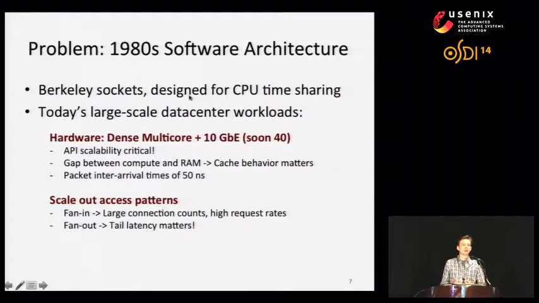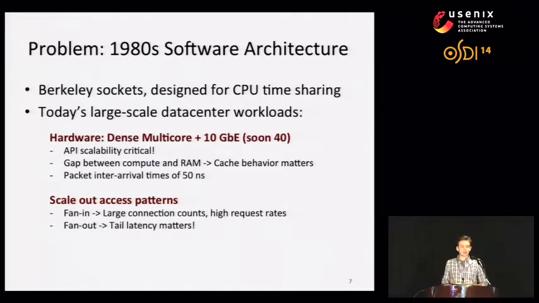And so to step back and extrapolate a little further, we think that a lot of these performance issues basically stem from the fact that we're still pretty much using Berkeley sockets, very little has changed in this interface, and we're really designing our kernels for CPU time sharing.